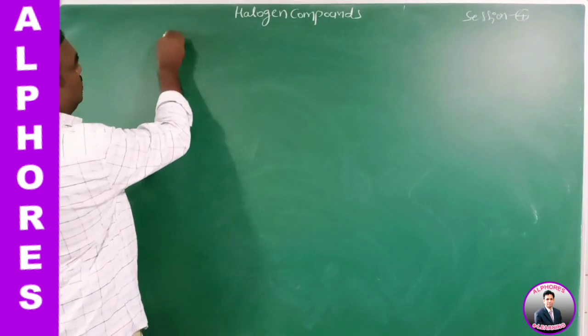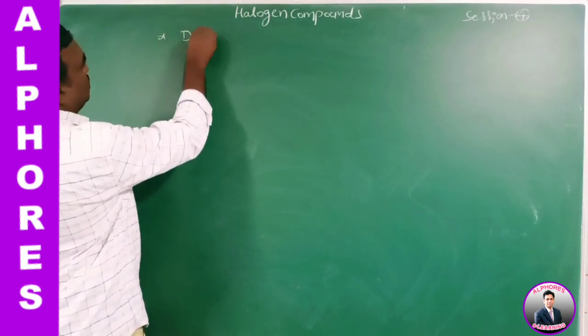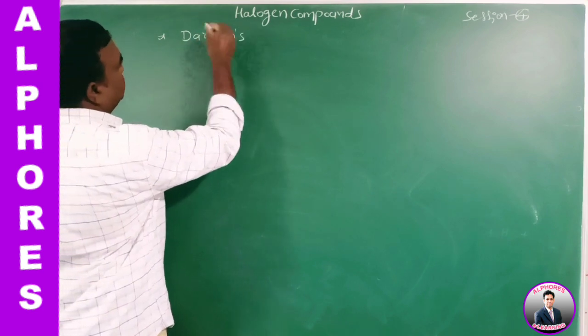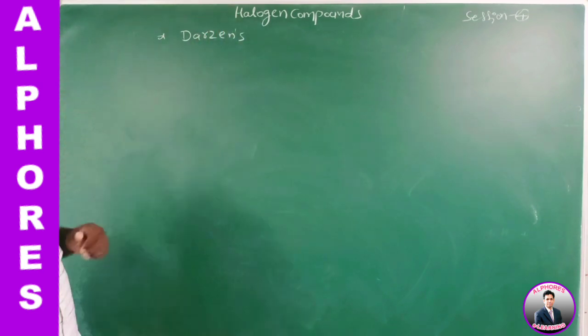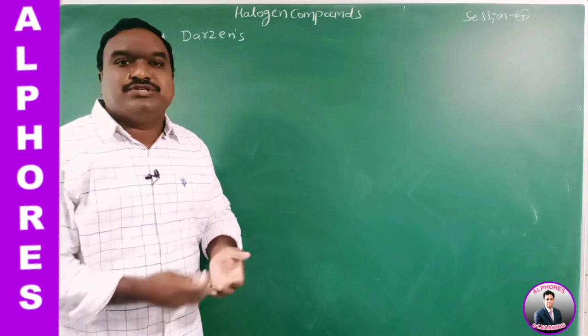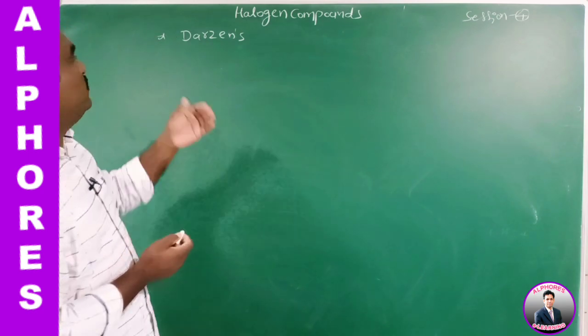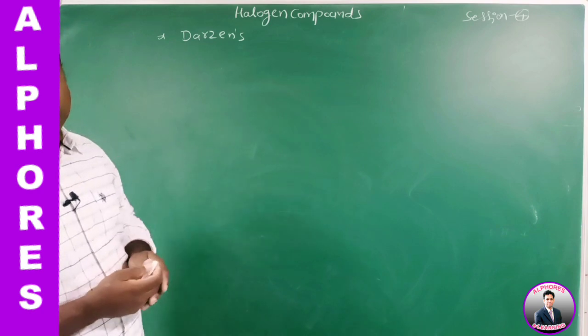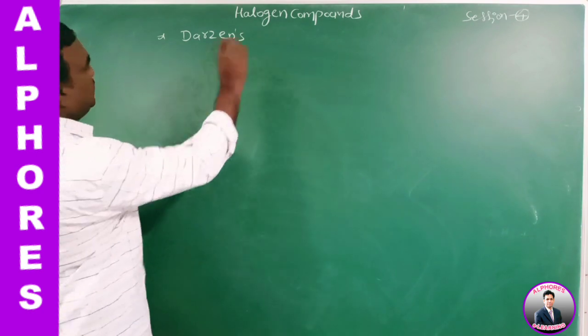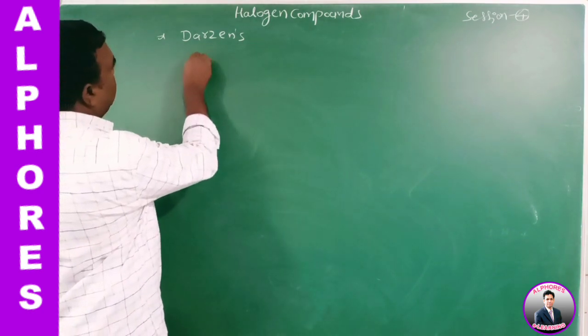Again, Darzens reaction. By using sulfur oxychloride we can prepare halogen compounds. For example, here an alcohol with OH group is given.